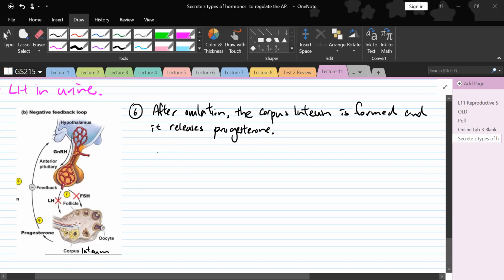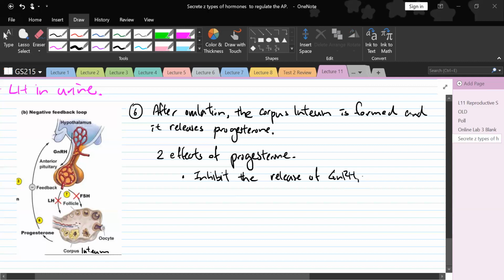So 2 effects of progesterone. Okay, number 1, it will inhibit the release of GnRH, FSH, and LH through negative feedback.